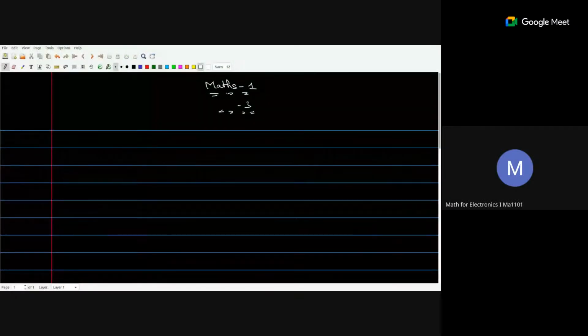Is my screen visible? Yes, sir. Oh, okay. I just wanted to toggle between two tabs. Maybe I'll just share my full screen. That would be better, I guess.